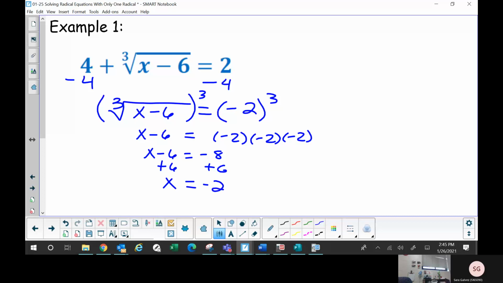Okay, we get x equals -2. I can keep going on the regular whiteboard if I have to.